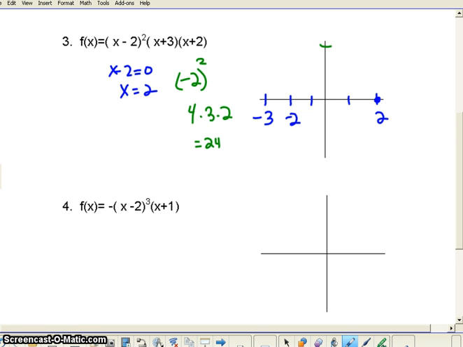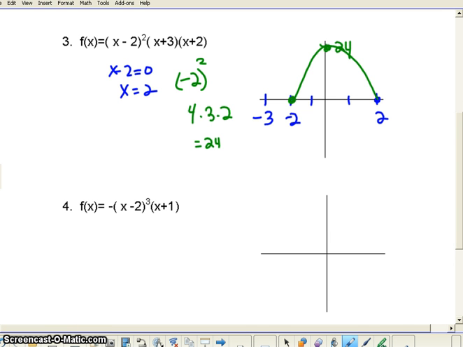Okay, so way up here at 24, the graph's going to cross y. Okay, so I know that I need to connect -2 to the y-intercept for sure, and then back to 2. Okay, but everything else, I'm going to go ahead and plug in a test point to see.